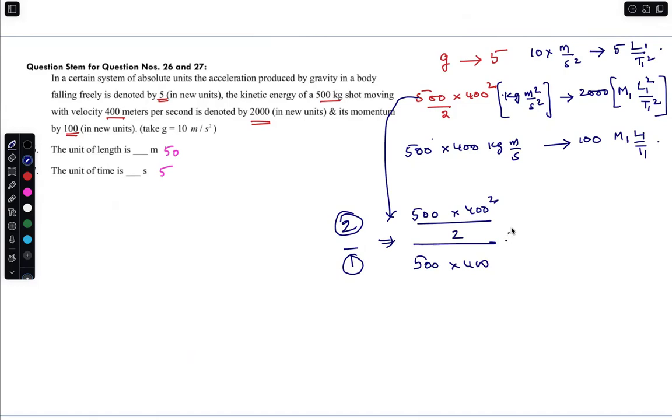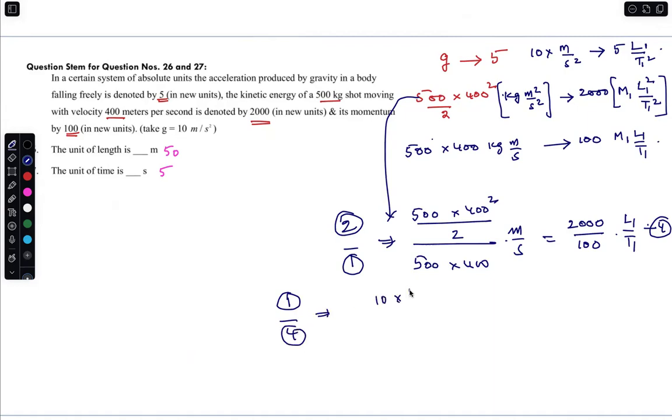In return, I will get meter per second. So here I will get 2000 by 100 meter per second, so L1 by T1. Good. Let this be equation 4. Let this be equation 1. What if I do equation 1 by equation 4?